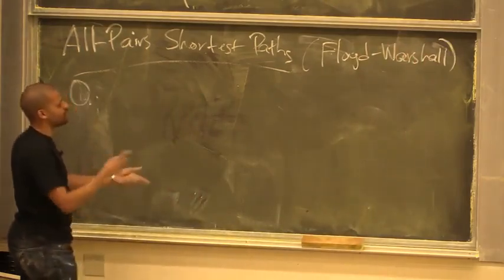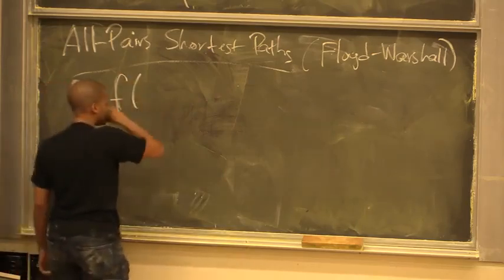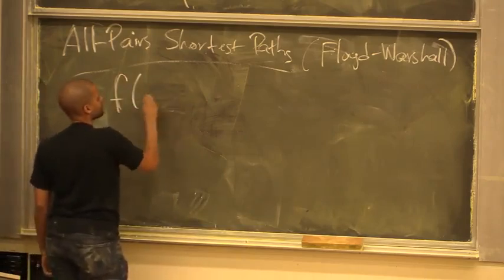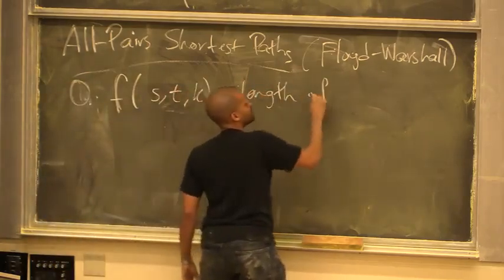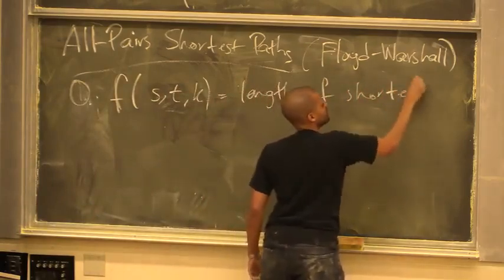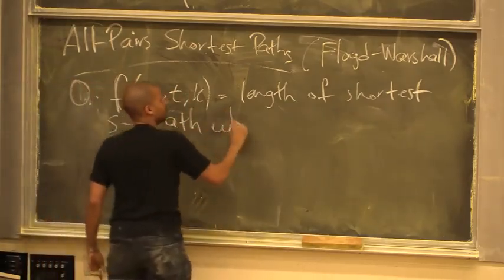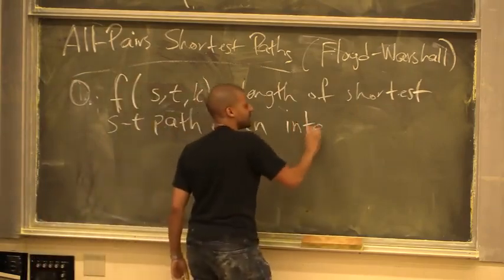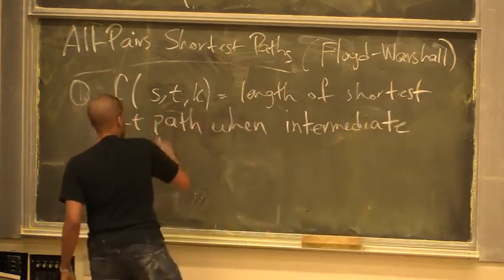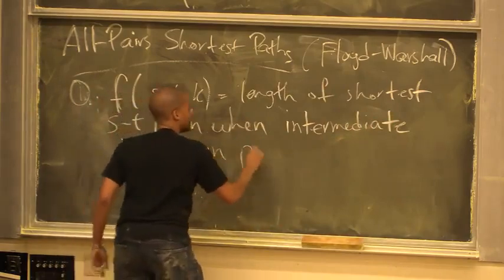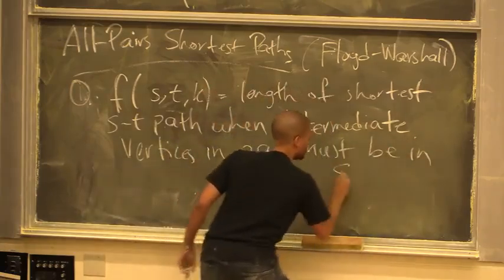So basically I want to know all shortest paths between all pairs. So I'll define a function f of stk to be the length of the shortest st path when the intermediate vertices in the path must be in the set 1 up to k.